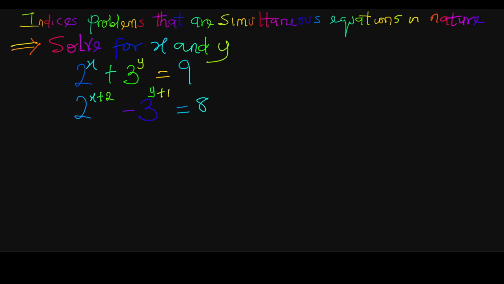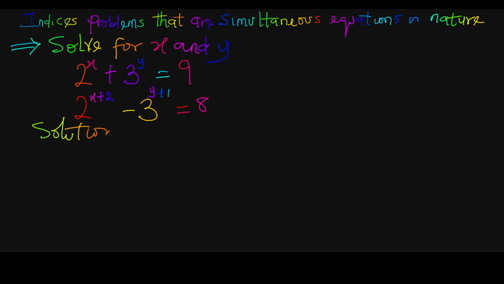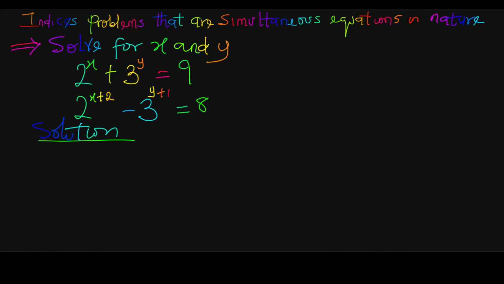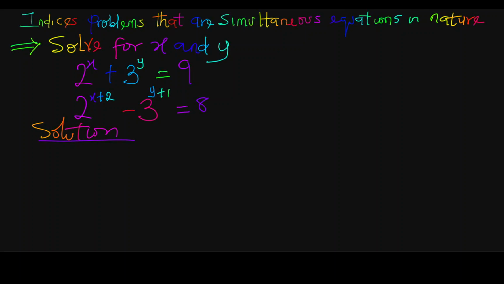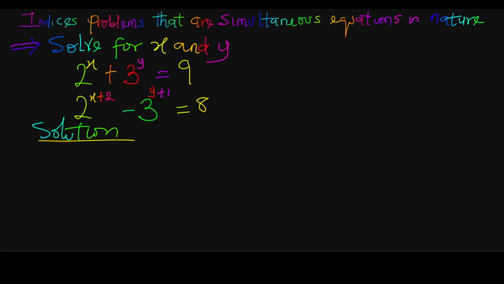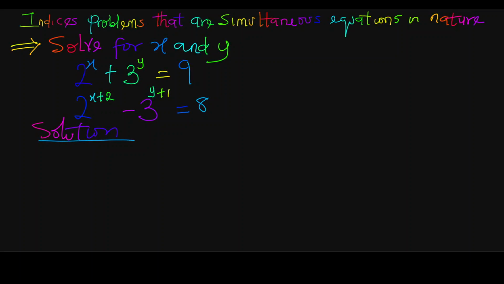Now, the first equation given to us, solution. From the first equation, I have 2 raised to the power of x plus 3 raised to the power of y equal to 9. That's still a little bit simple. But look at the second equation.